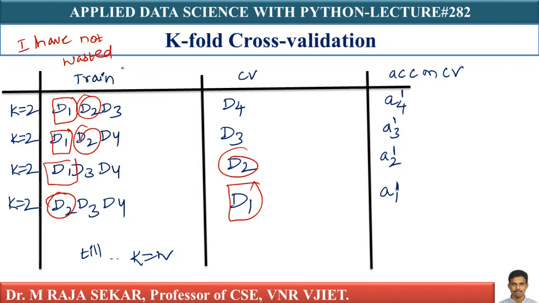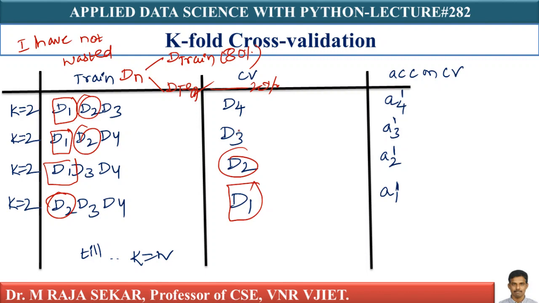How did we split this data? D is D train and this one is D test. This is 80%, this is 20%, that's what we assume. Here I have used training data much more smartly.